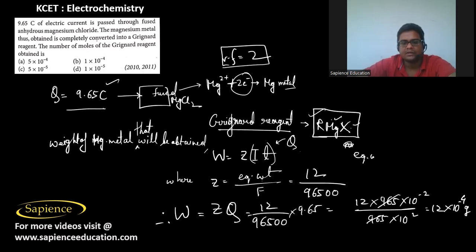The equivalent weight of magnesium is the molecular weight divided by the valency factor, so 24 divided by 2 is 12. So we have used 12 here.